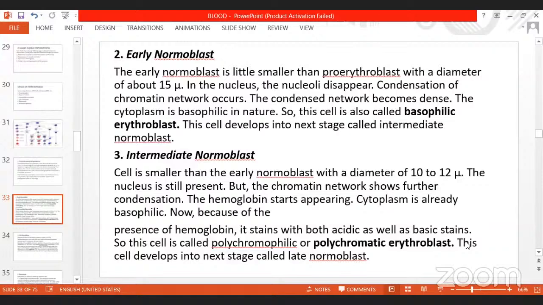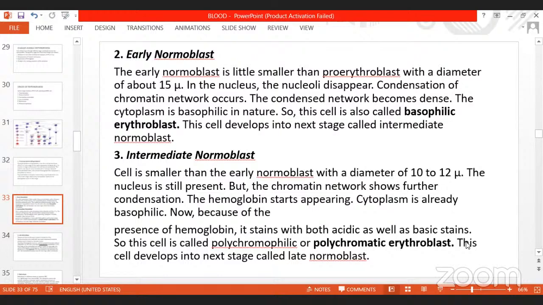The cell is smaller than the early normoblast, with a diameter of around 10 to 12 micron. The nucleus is still present, but it is condensed. The chromatin condensation is present. Hemoglobin starts appearing. Remember, from the intermediate normoblastic stage onwards, hemoglobin starts appearing.